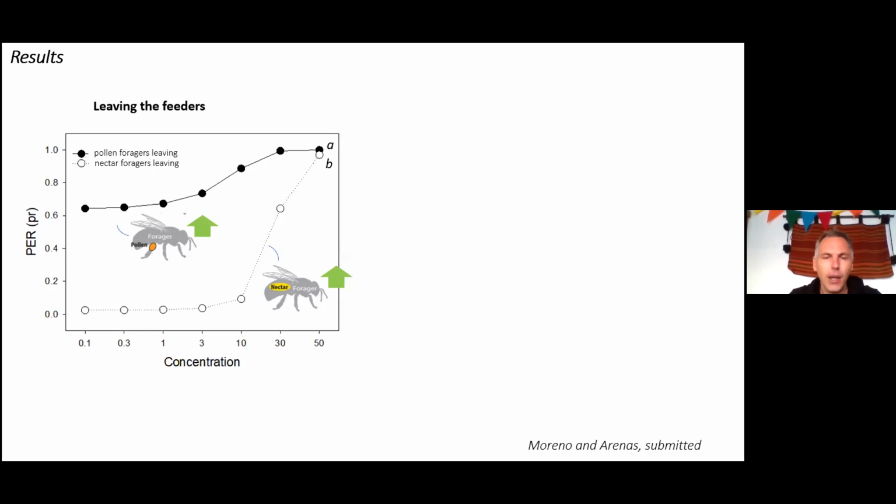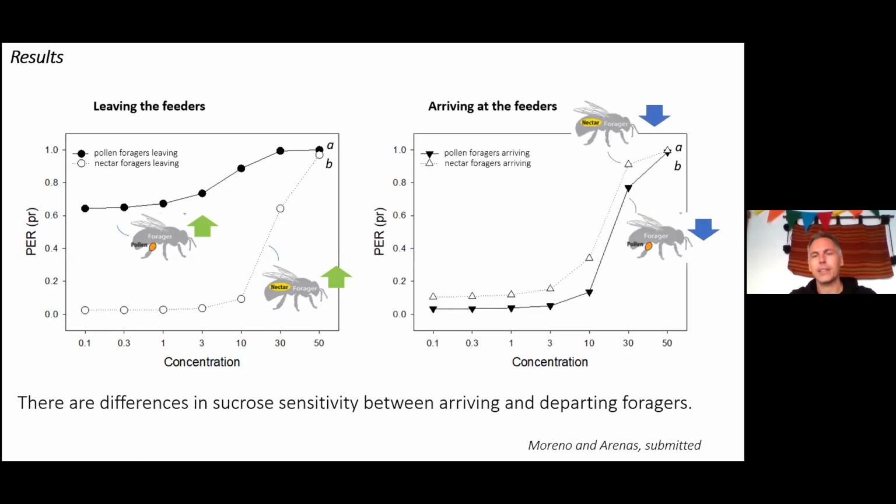But then, when we analyze the bees arriving at the feeders, we still found significant differences between both curves, but interestingly, the results were inverted. Now you can see that pollen foragers arriving at the feeder were less responsive than nectar foragers.